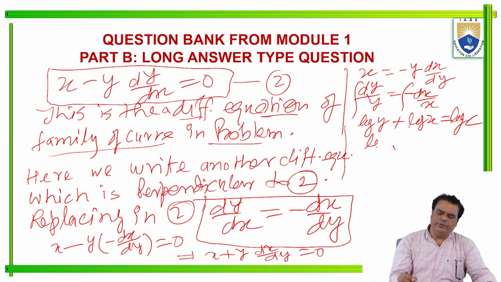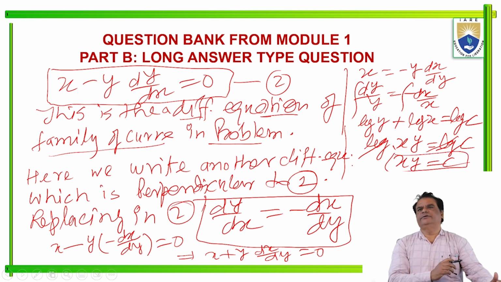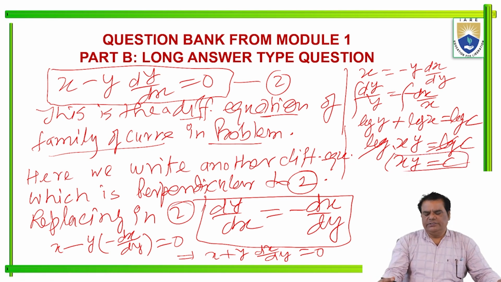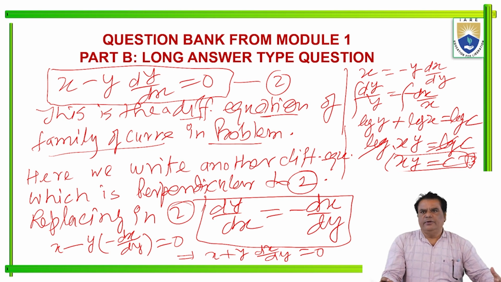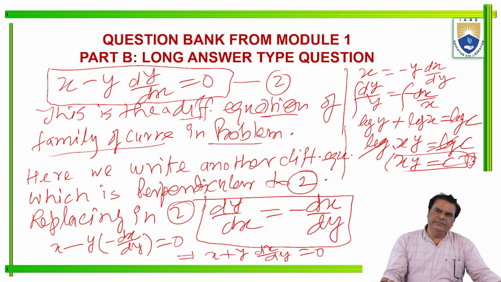So this is log xy equal to log c, and cancelling log, xy equal to c. This is equation number 3. Equation 3 is a curve which is perpendicular to the given curve in the problem. It means this is known as an orthogonal trajectory of the given family of curves in the problem.